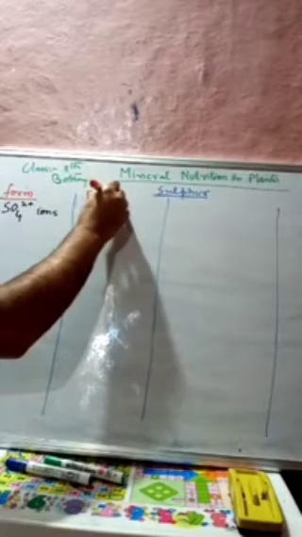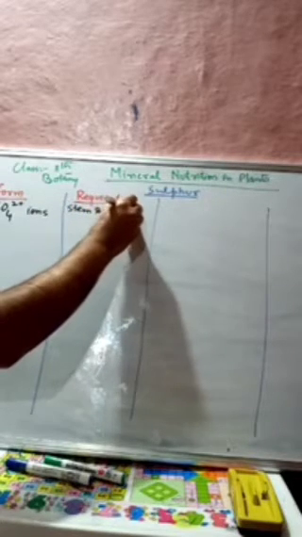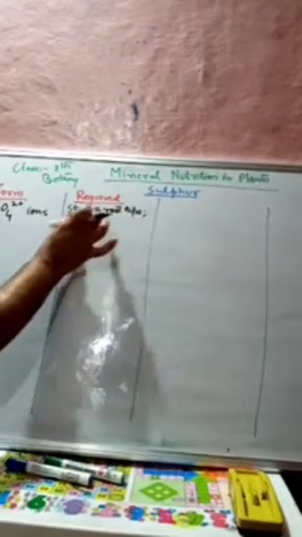Second, where it is required. If we talk about sulfur, it is mainly required at the stem and root tips, where there is more need of it.